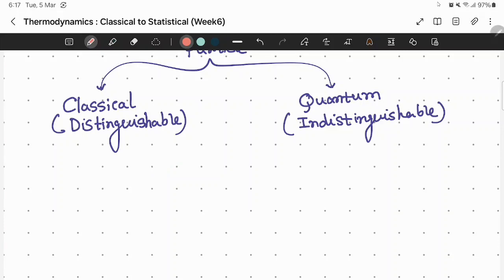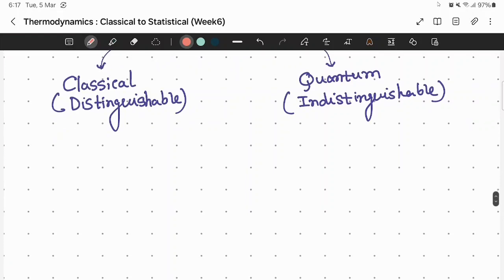So classical particles are always distinguishable, even if they are totally identical. But in quantum mechanics, identical particles are indistinguishable. You can't distinguish two electrons. This is basically due to the trajectory. I'm not getting into that, but this is the basic definition.